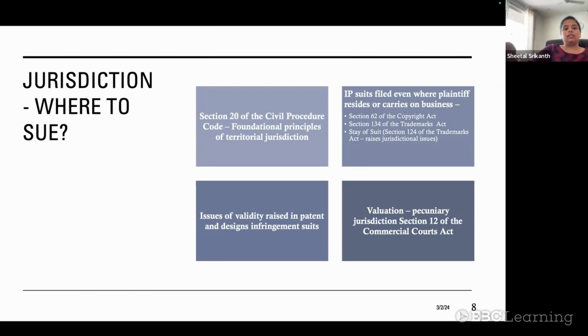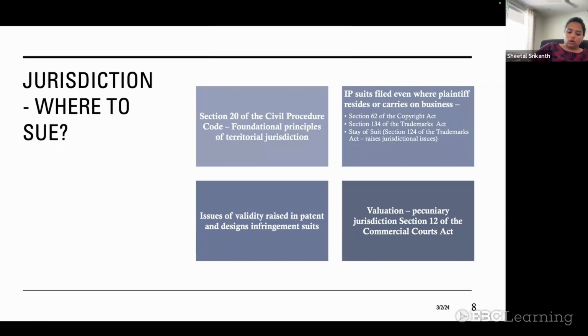And in that district, there are lower levels of courts as well, depending on which district you are in. So the first step when you go to the court is to ensure that you are before a court that actually has territorial jurisdiction over your dispute. The foundational principles of how to determine whether a court has territorial jurisdiction arise from section 20 of the Civil Procedure Code.